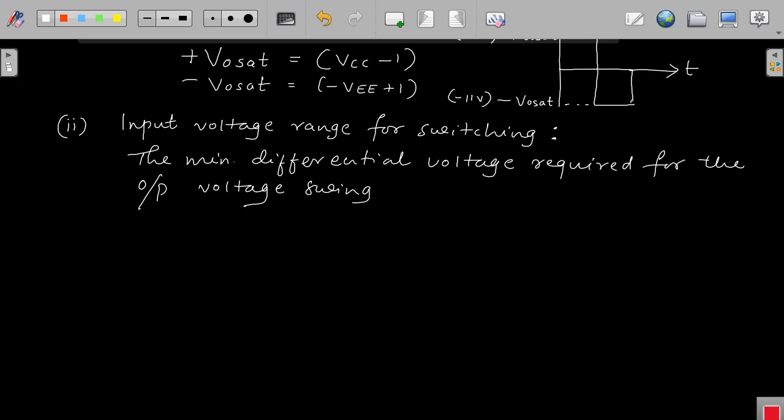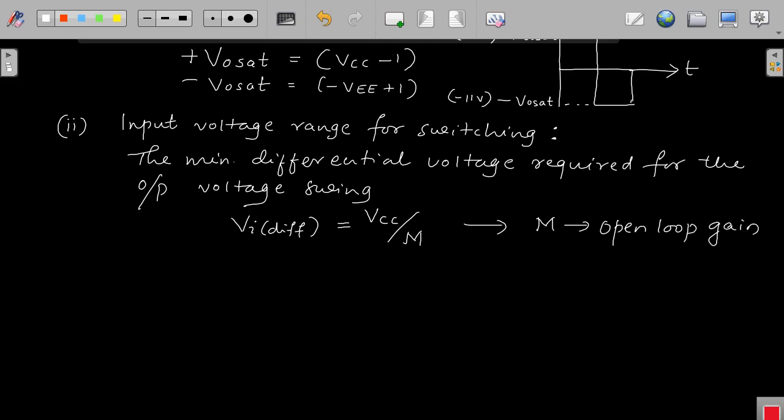Minimum differential voltage required for the output voltage swing is given by the formula approximately VCC divided by M. You know what exactly M is? M is the open loop gain. Now you will have the answer for this numerically. I will tell.